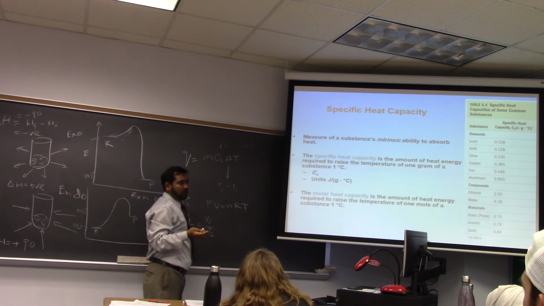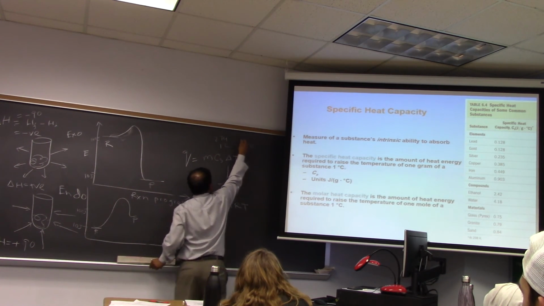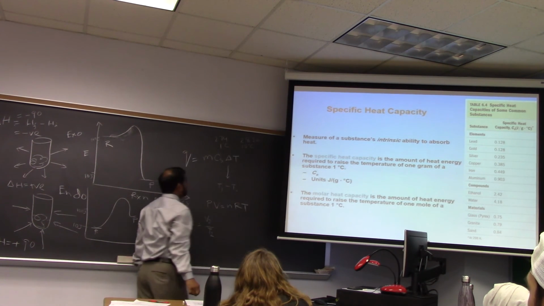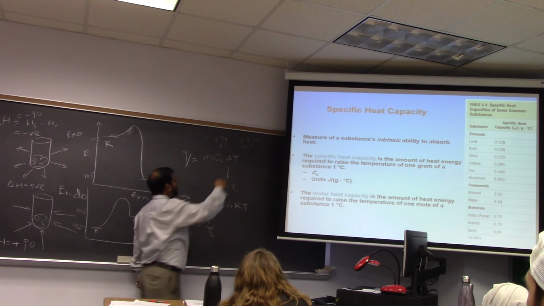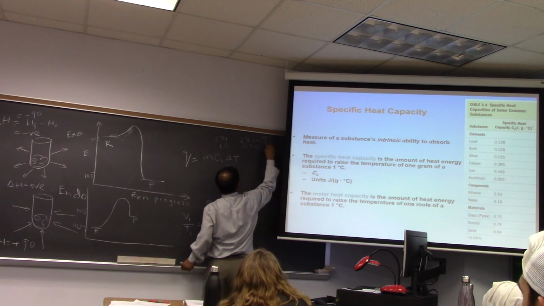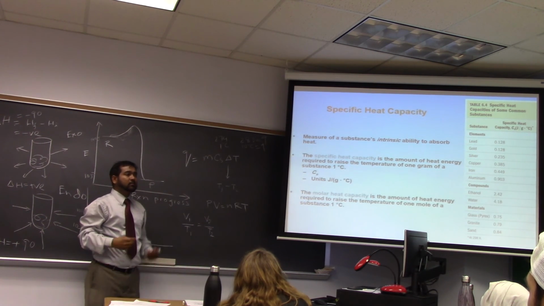If you take it in Kelvin, there will be 274 and 283. Look at the difference, T2 minus T1. What is the difference? 9. How about the other one? 9 as well. Both are 9, so it's not making any difference.